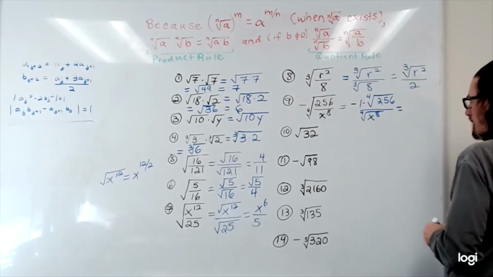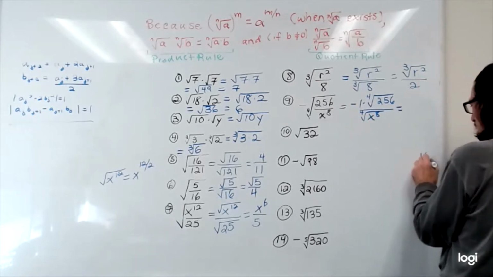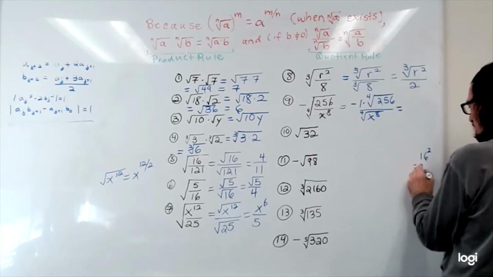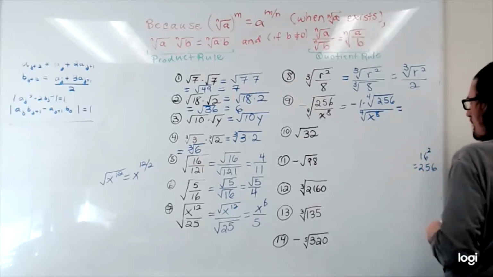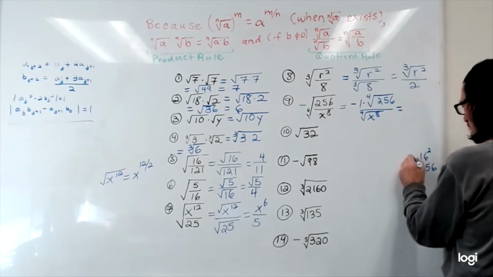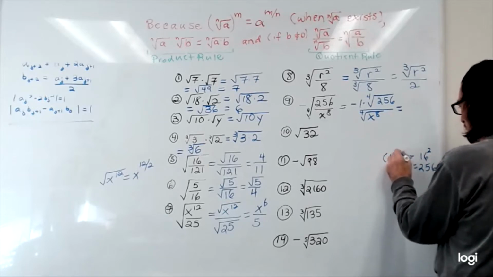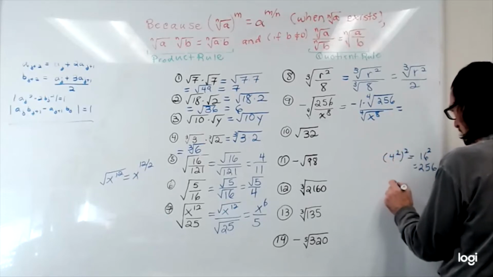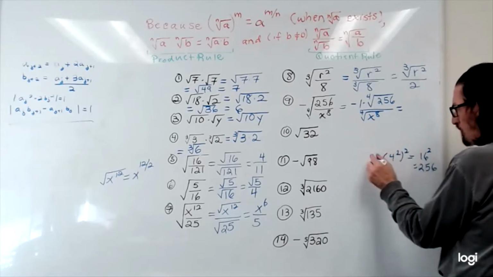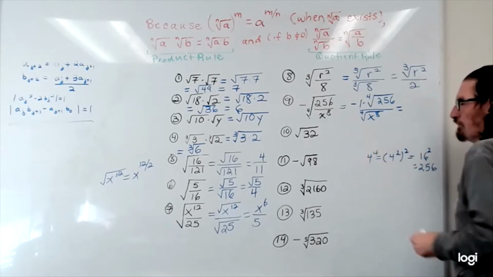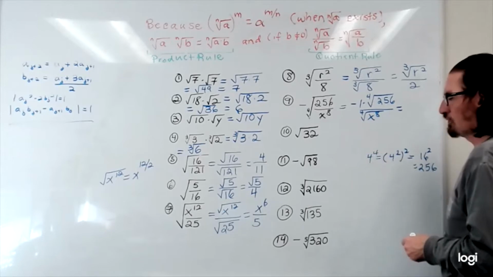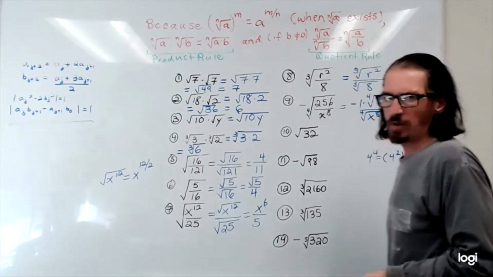So let's see here. I know 16 squared is 256, and 4 squared is 16. Multiply those two exponents. 4 to the 4th should be 256. Give me a moment and I will check that.